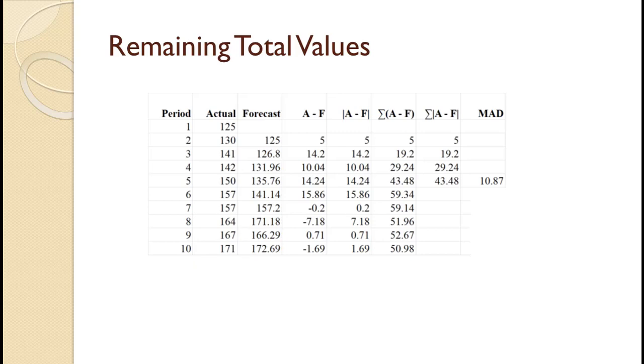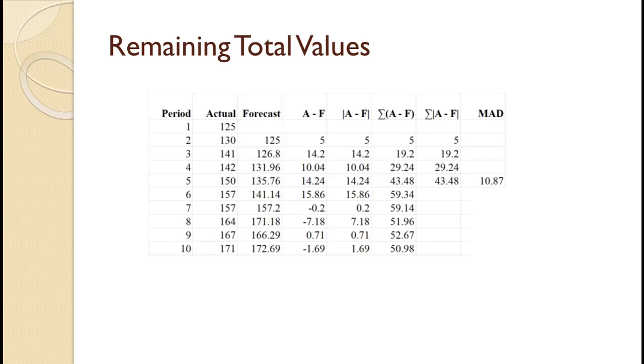For period 8, the actual of 164 minus the forecast of 171.18 equals negative 7.18. The absolute value is 7.18. The cumulative A minus F equals 59.14 plus negative 7.18 equals 51.96. For period 9, the actual of 167 minus the forecast of 166.29 equals 0.71. The absolute value is 0.71.